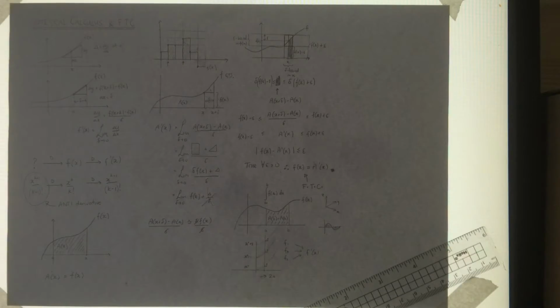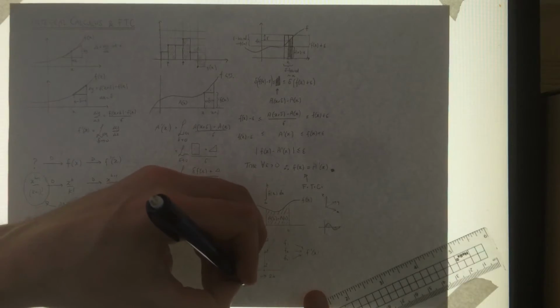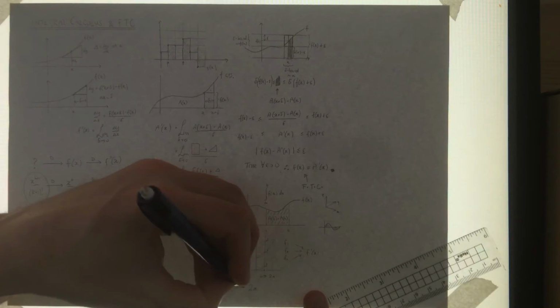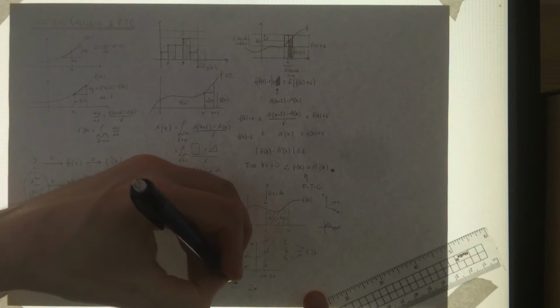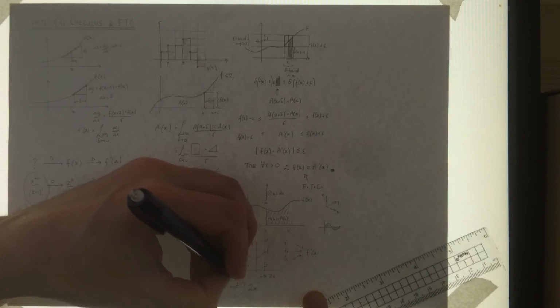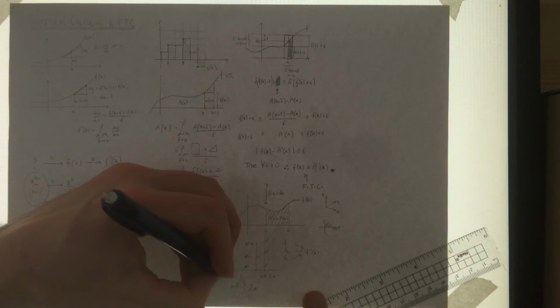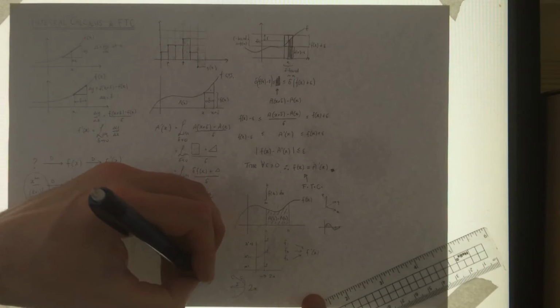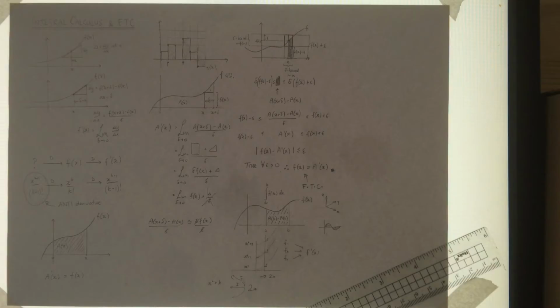So if you ask, what is the antiderivative of 2x? Well, 2x can integrate to any of those and more. A whole family of curves, in fact, x squared plus any constant, because a constant term differentiates to 0.